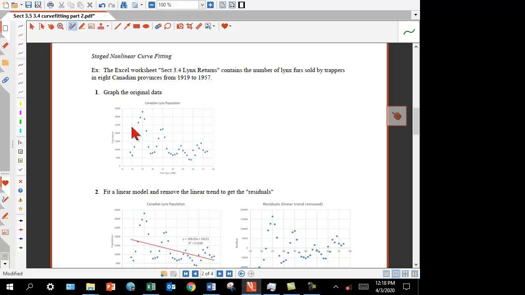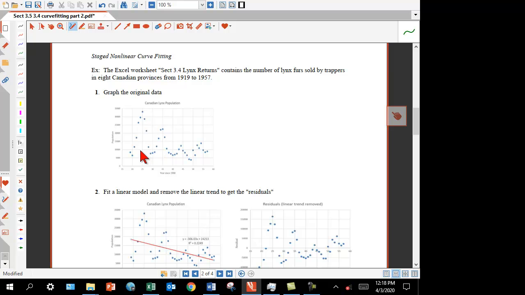And there may be various reasons for that, but let's go on and talk about other features of the data. The other interesting part is there's a definite up, down, up, down, up, down cycle. So that might be explained by climate patterns, perhaps by economic patterns. Maybe there's more demand for pelts at certain times in certain decades than in others.